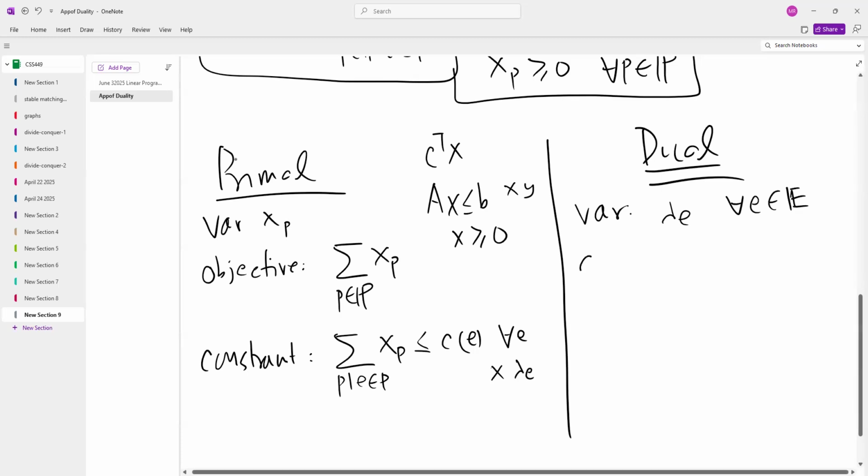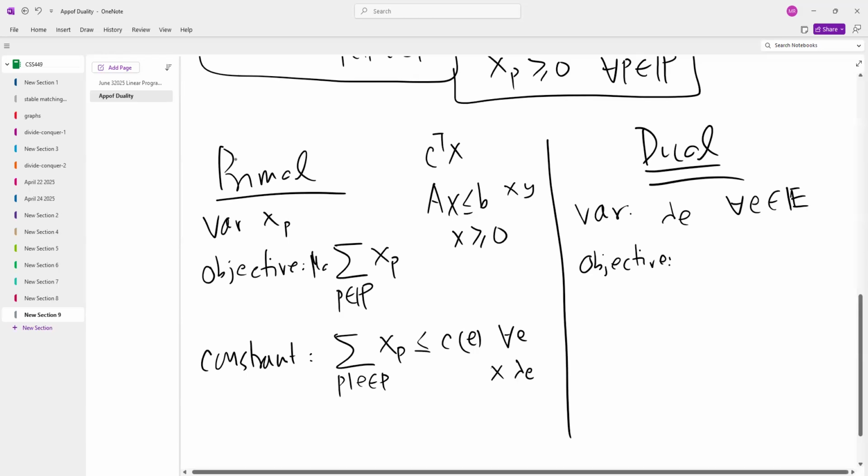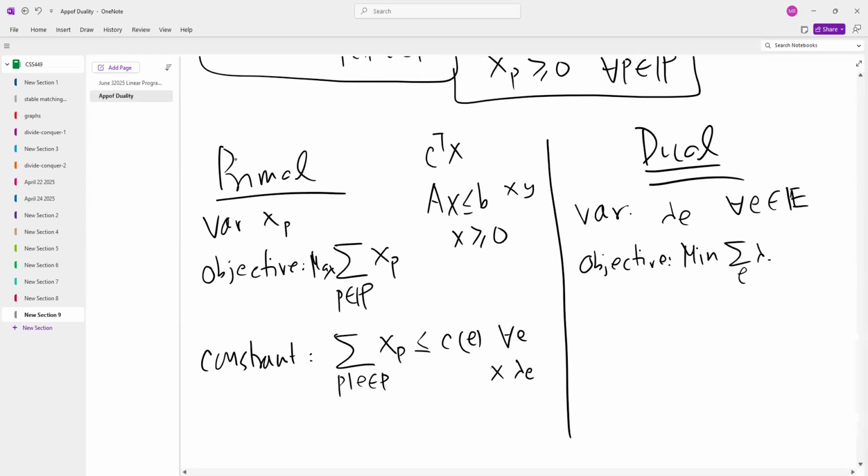And what is the objective? The objective is going to be every capacity value times this variable, and because the primal is max, I'm going to minimize the dual objective. So now I'm going to minimize the sum over E of lambda_E times capacity of E. Okay?